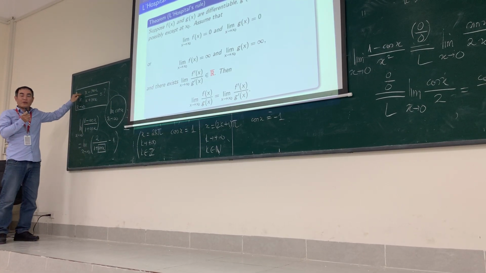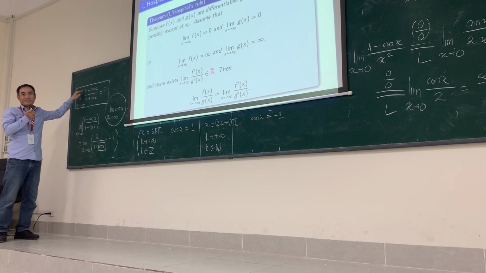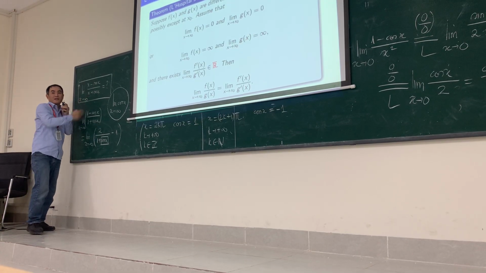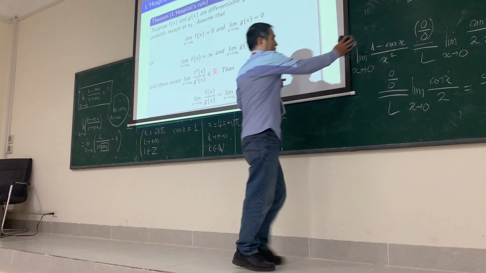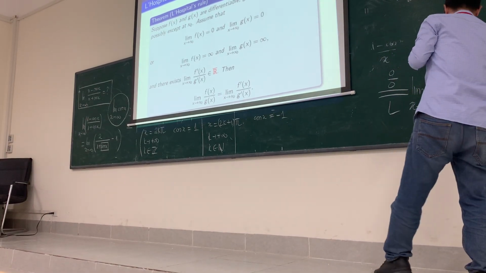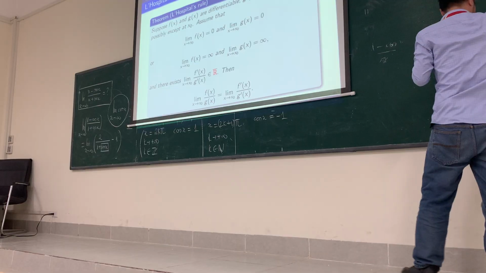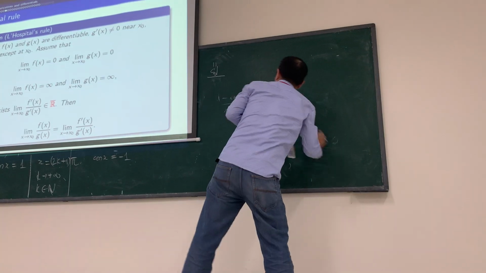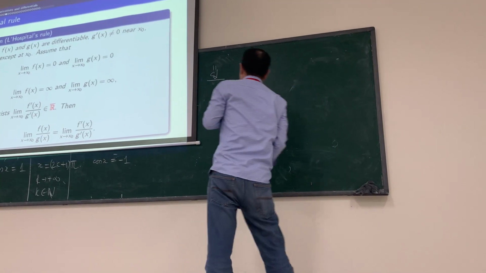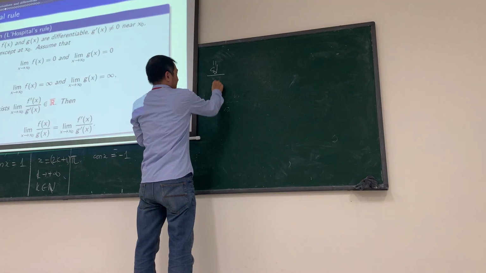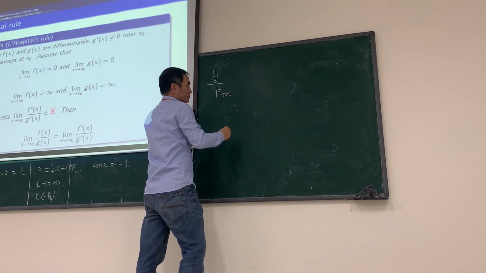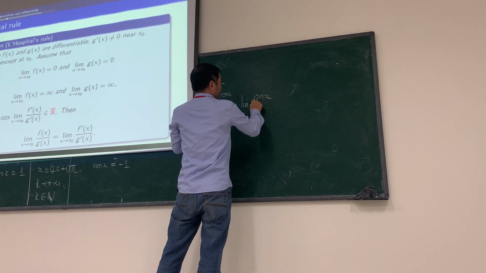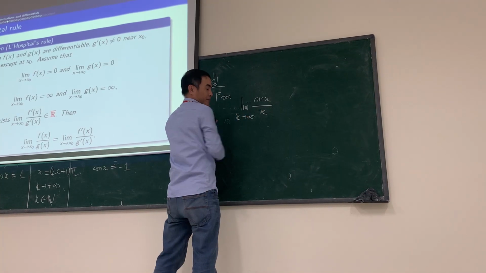In this example, we can find the limit directly. How do we find that? Let's see. Consider the limit of sin x over x when x tends to infinity.